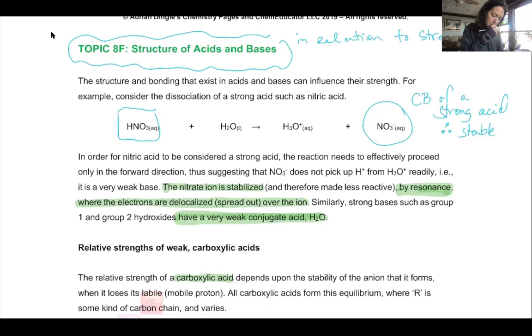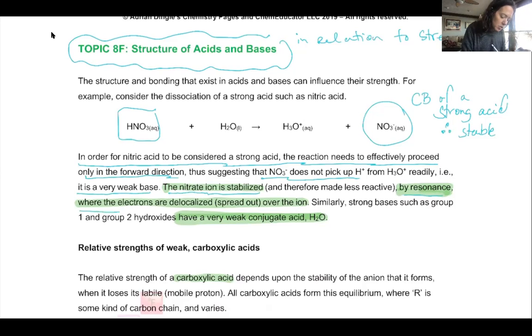So look here. In order for nitric acid to be considered a strong acid, the reaction needs to effectively proceed only in the forward direction, suggesting that nitrate does not go back and take that hydrogen, meaning it is a very weak base. That is because the nitrate ion is stable. It's got resonance structures.